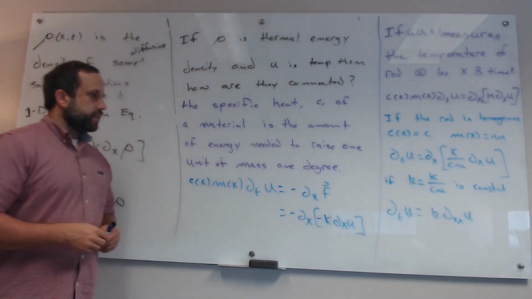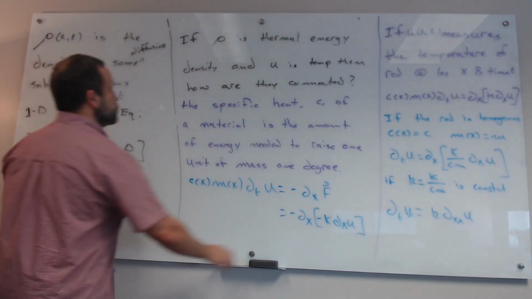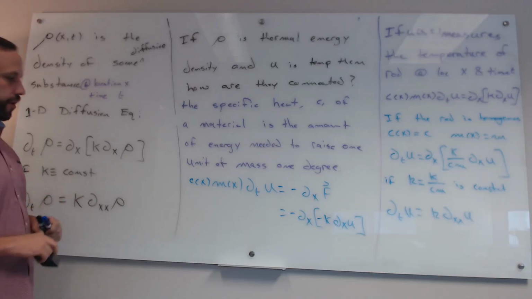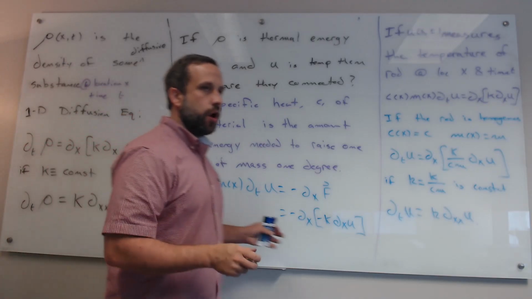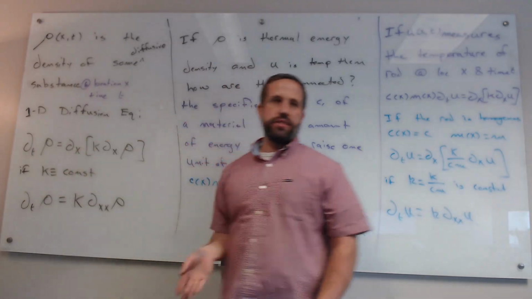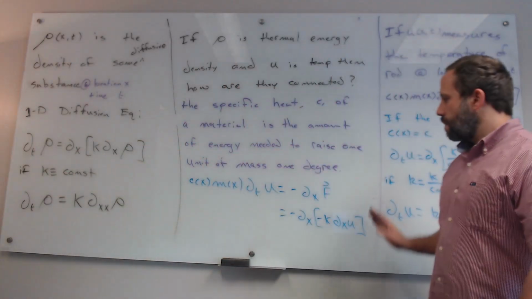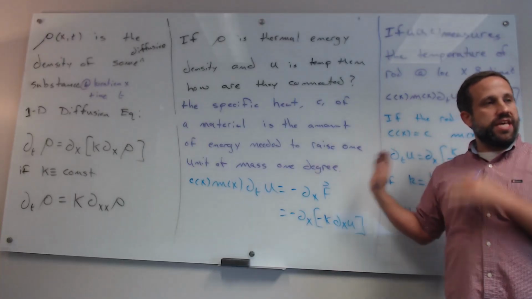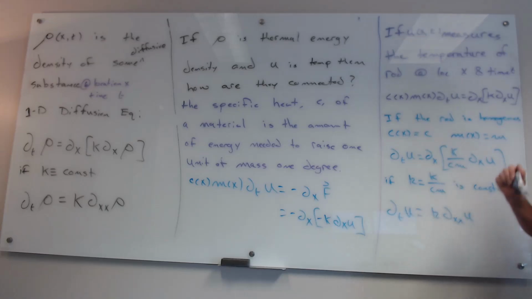Now, oftentimes when we talk about the diffusion equation, we don't write it with rho, we write it with u, simply because that's the convention. We want to think about u as being the function that we are solving for, I guess u for unknown, but we use rho as this intermediate step to get to u. Okay, so this is the diffusion equation, and in particular the heat equation in one variable.